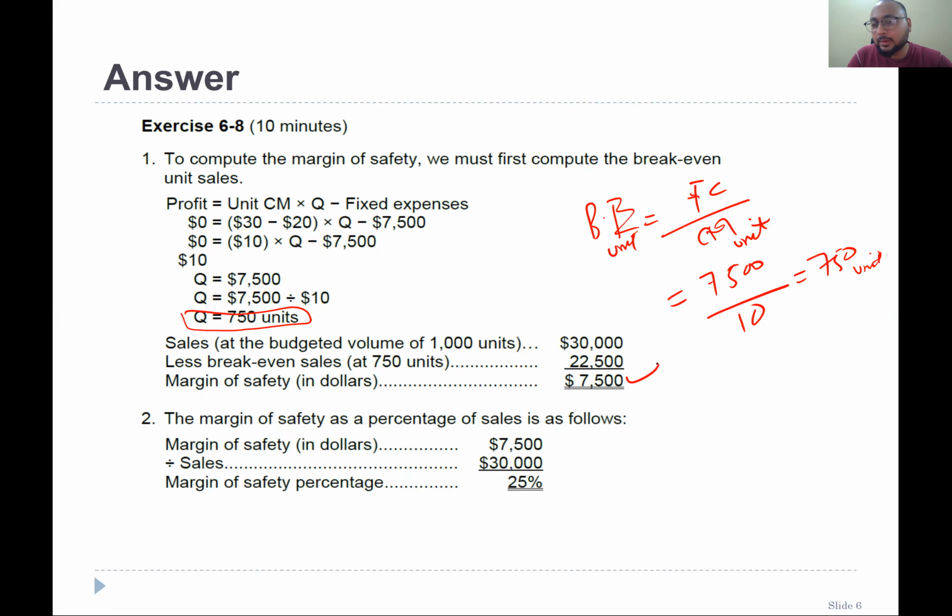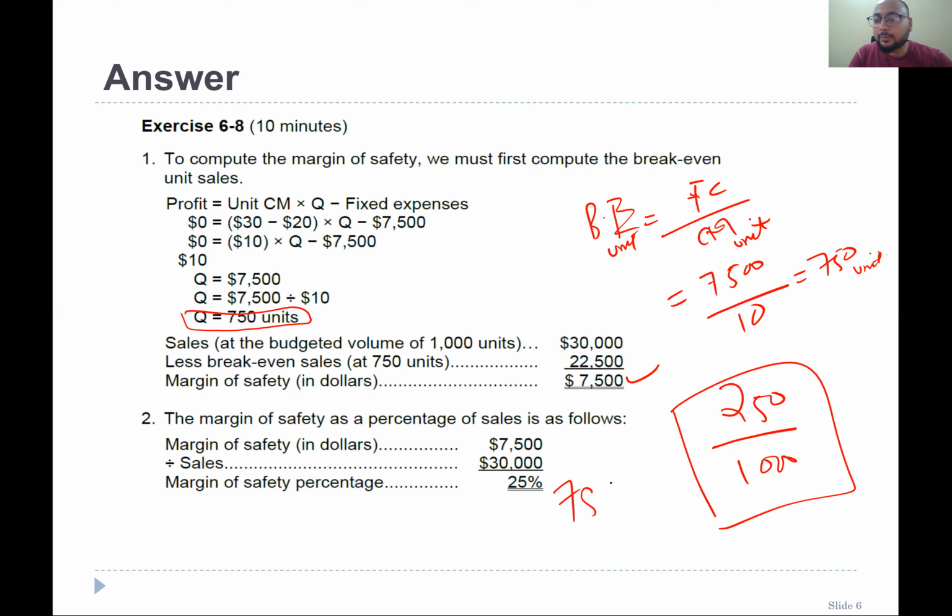And we want to find out the margin of safety ratio. So you can do that: margin of safety, 250 units, divided by sales, 1,000. Or in terms of dollars, margin of safety in dollars divided by sales in dollars.